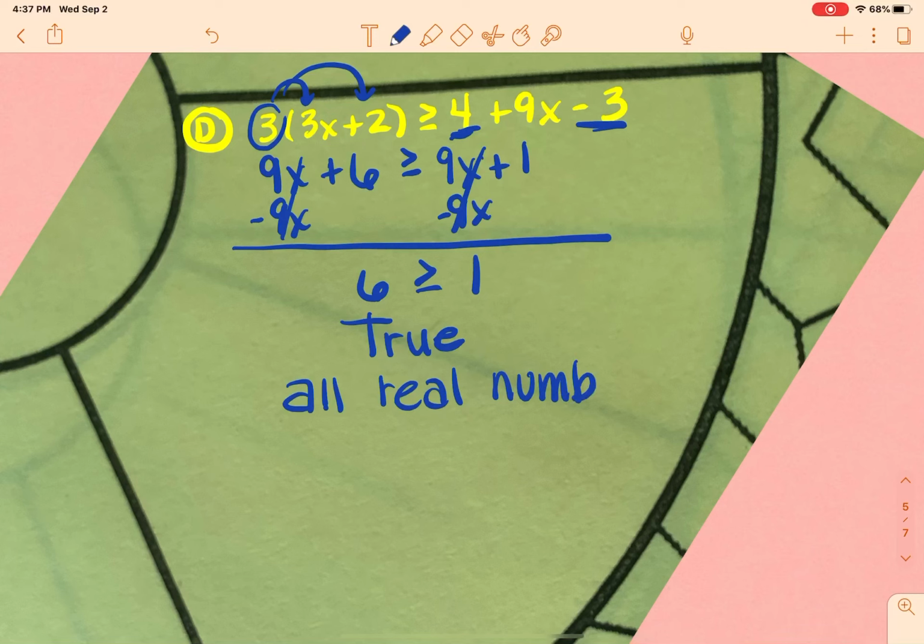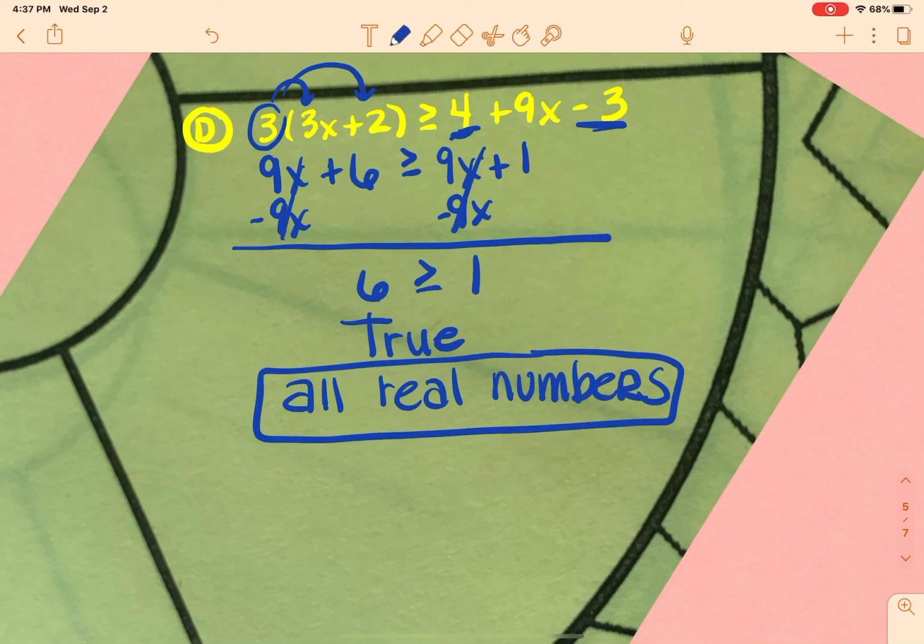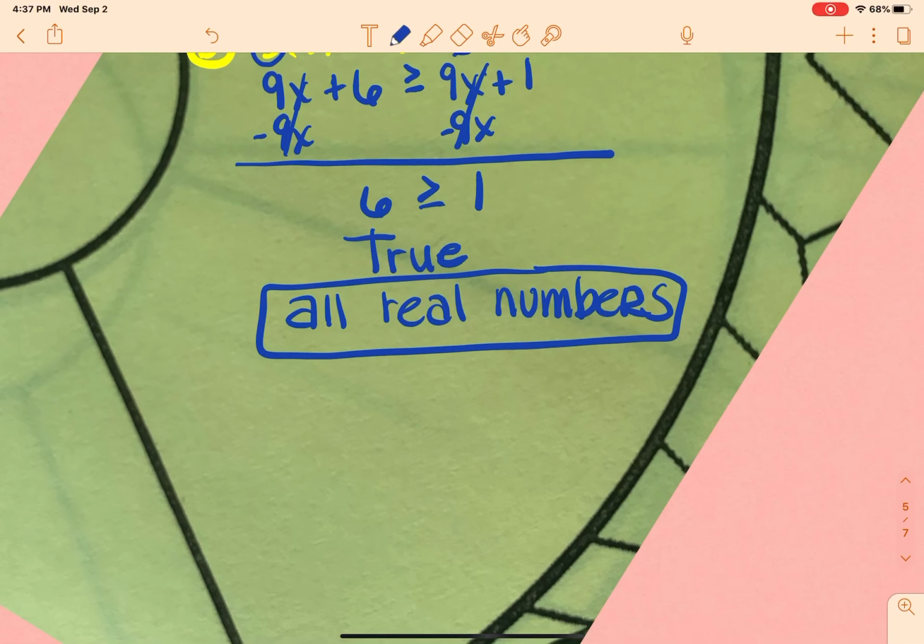Now let me tell you what that means. That means that if I went back here and I put in any number I wanted for x, it wouldn't matter, because by the time I got done, all the x's would cancel out and what I'm left with is a true statement. So let's talk about what the graph would look like. The last time I didn't graph anything because it was no solution. But think about it.